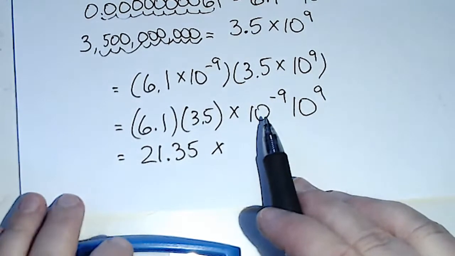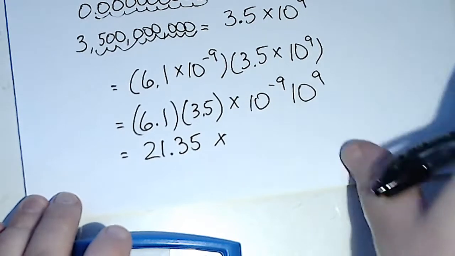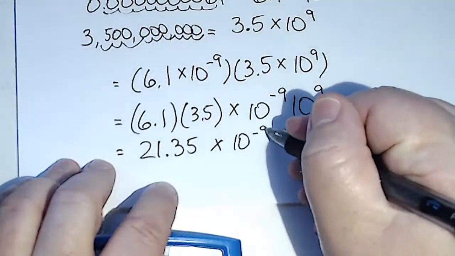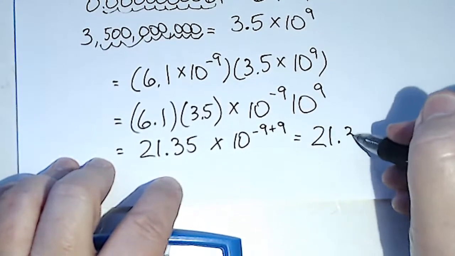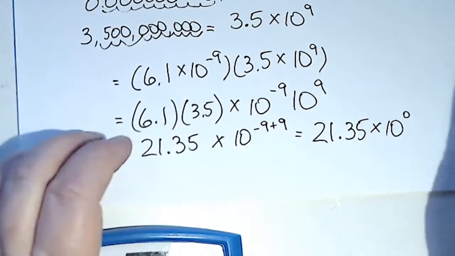And then what happens here with my tens? Well, if I've got two bases and two exponents, remember from the last section, what I'm going to do is add. So I'm going to do 10 to the negative 9 plus 9, which is 21.35 times 10 to the 0.